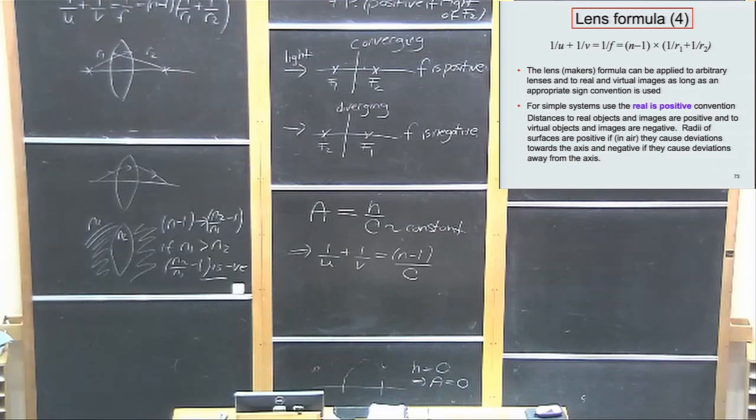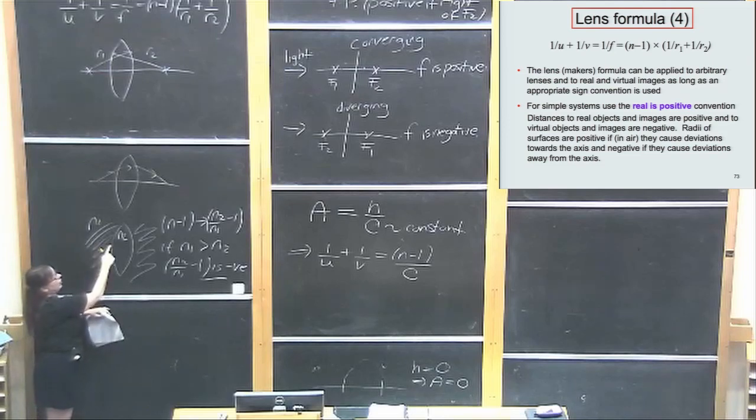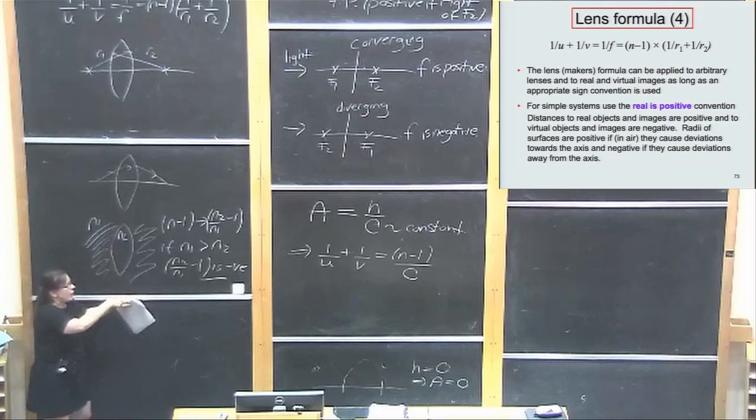Let's say you also decided the sign of the radii of curvature dependent on the behaviour in whatever medium you were in. Then, if you did that, both R1 and R2 would now be negative, because in this situation this same lens would cause a deviation away from the axis. But then you've also put in another negative coming from this, and you don't want to do that.